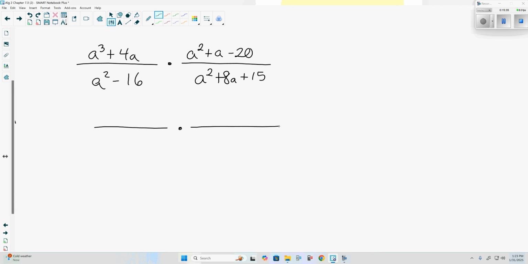Now we can start some simplifying. A cubed plus 4a has the greatest common factor of what? A. If we factor the a out of a cubed, we're left with a squared. Factor the a out of 4a, we're left with 4. So we get a times a squared plus 4.